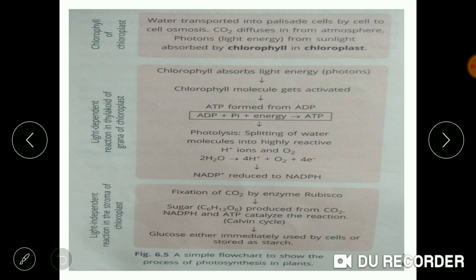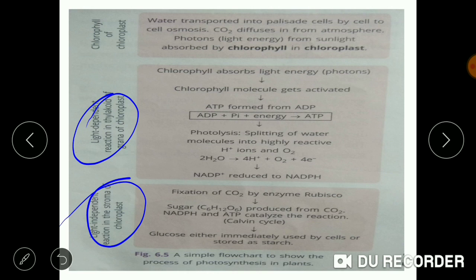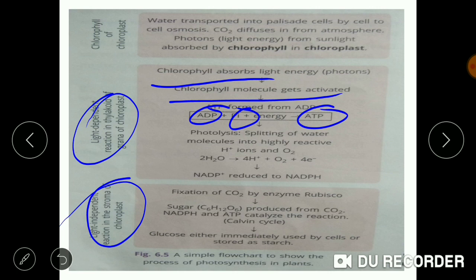This is again the descriptive summary of the entire light reaction and the dark reaction. In the light reaction, chlorophyll molecules absorb photons of light and get activated, and as a result they release electrons. These electrons help in adding the phosphate group to ADP and in the conversion of ADP to ATP.